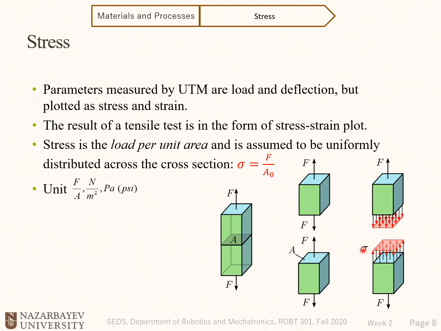This is a distributed tensile stress, sigma. So sigma multiplied by the cross-sectional area A will give us a resultant force of F. So here we have a very idealistic distribution of stress.